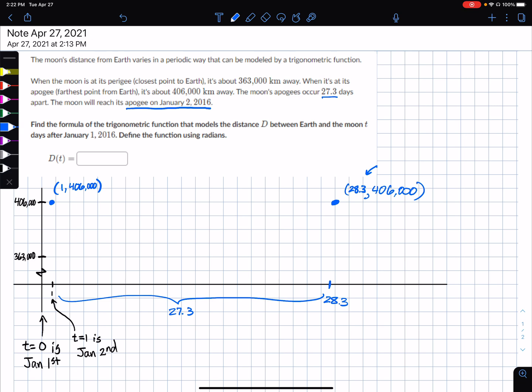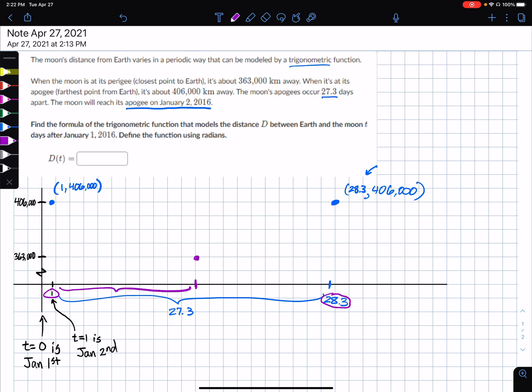Okay, so we have some exact coordinates now. The perigee, since this is cyclic, and they did say it goes with the trigonometric function pattern. The minimum between two maximums is exactly in the middle. So whatever is exactly in the middle of 1 and 28.3, that x value, or that t value, I guess in this case, we're going to have to figure out what is half of that 27.3, and we'll be able to start getting some detail here.